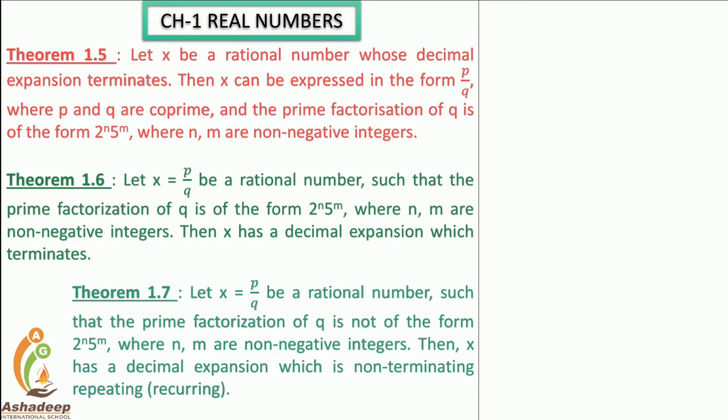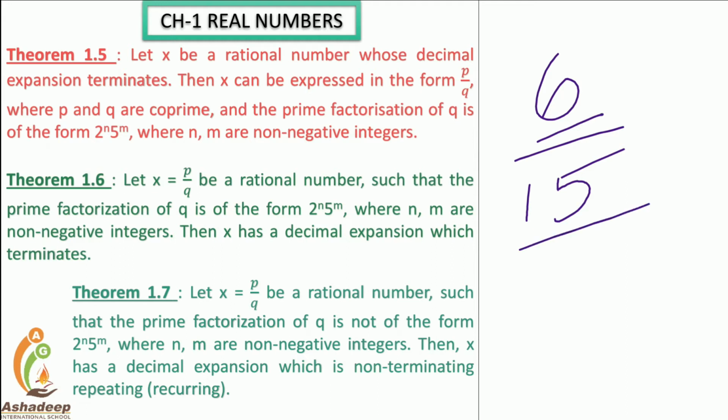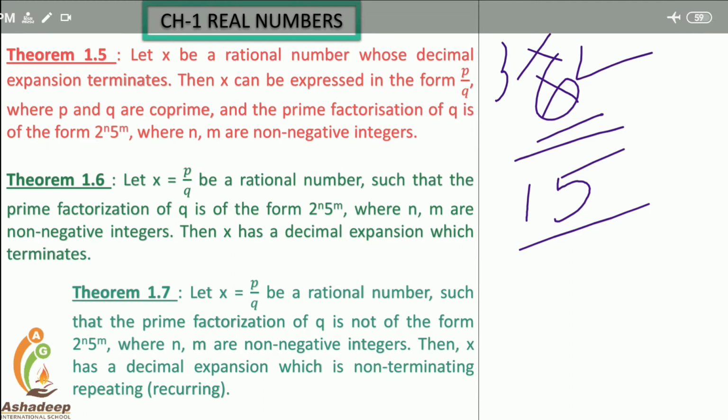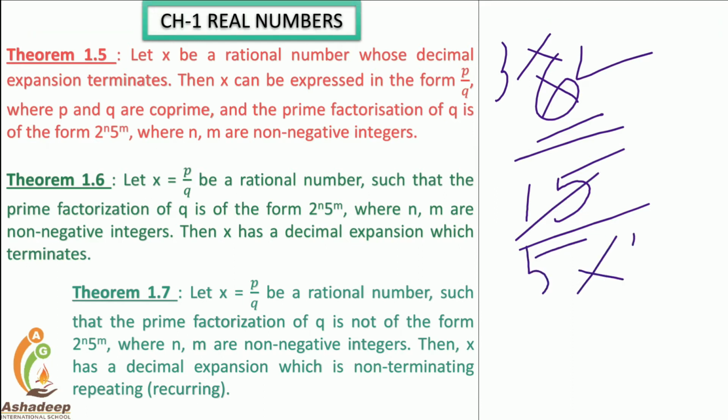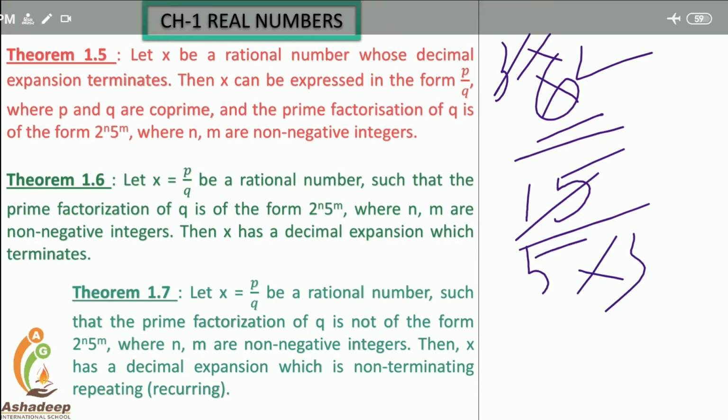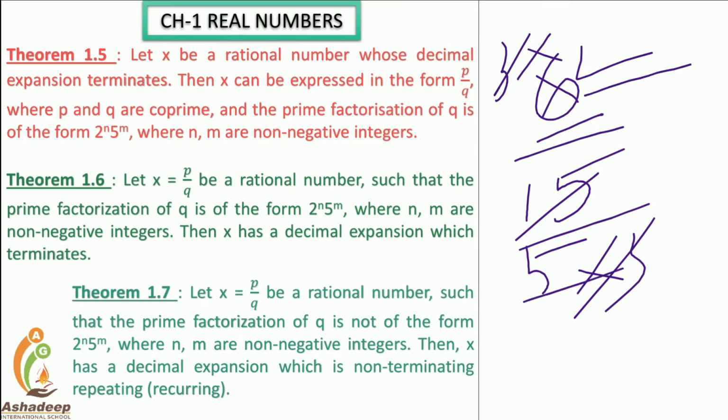Let's see another example, 6 upon 15. The first condition is that 6 and 15 must be co-prime. For that, 6 is 3 twos and 15 is 5 threes. So 3 and 3 cancel. What remains is 2 by 5.